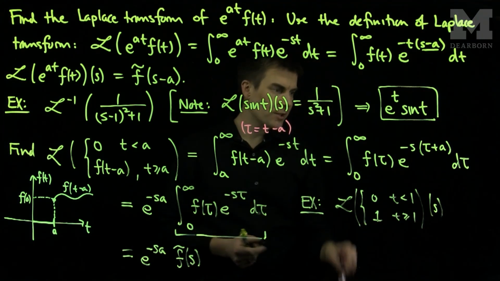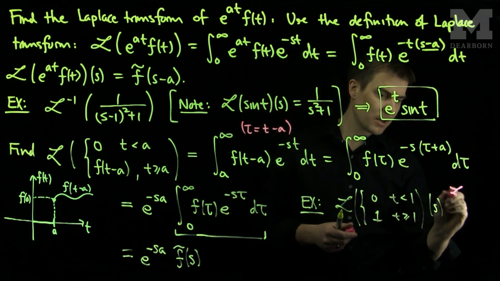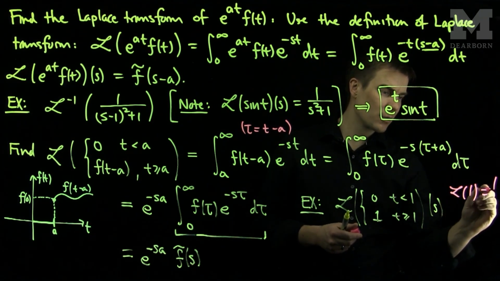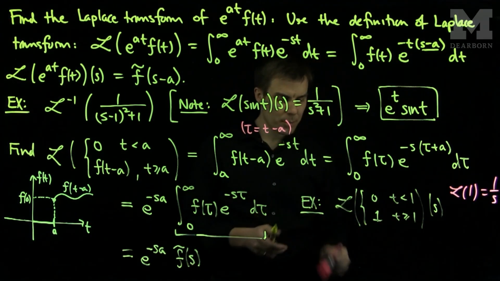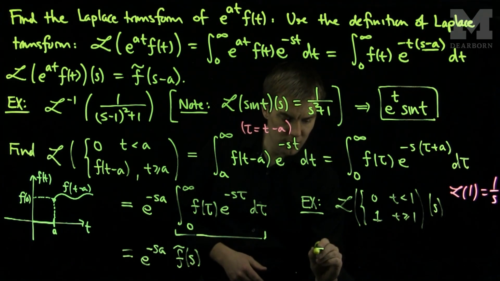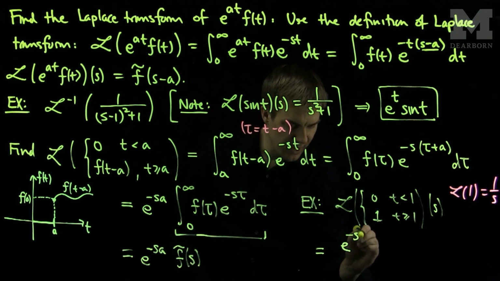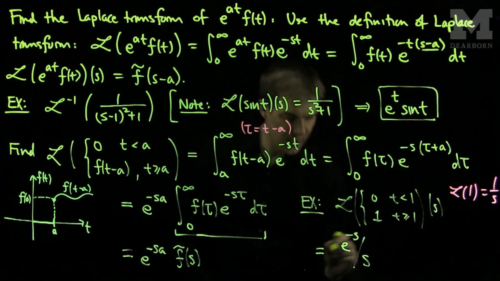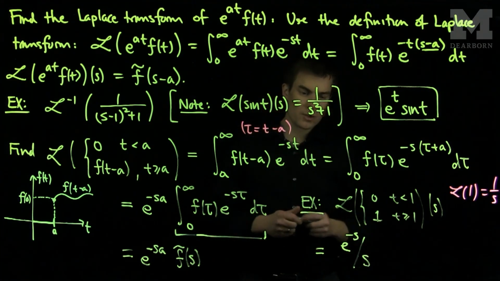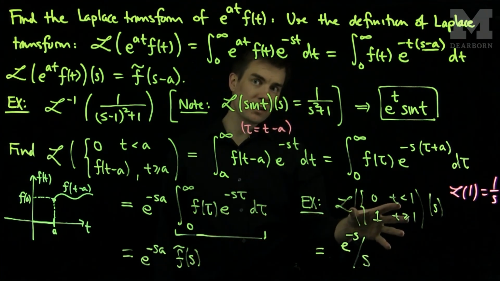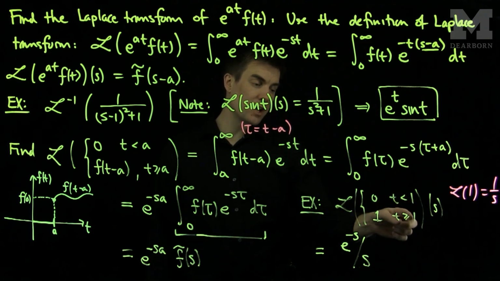But the Laplace transform of 1, as we know previously, is 1 over s. So the Laplace transform of this piecewise defined function, with a equal to 1, will be e to the negative s over s.